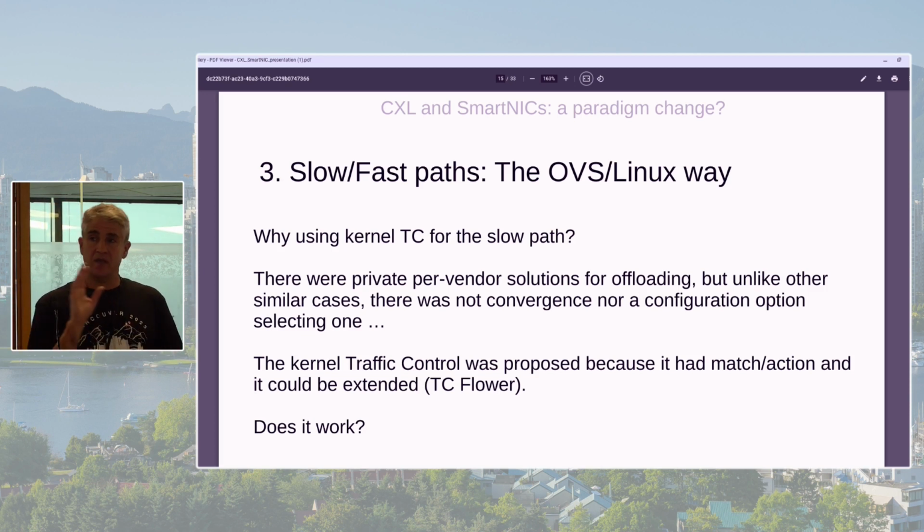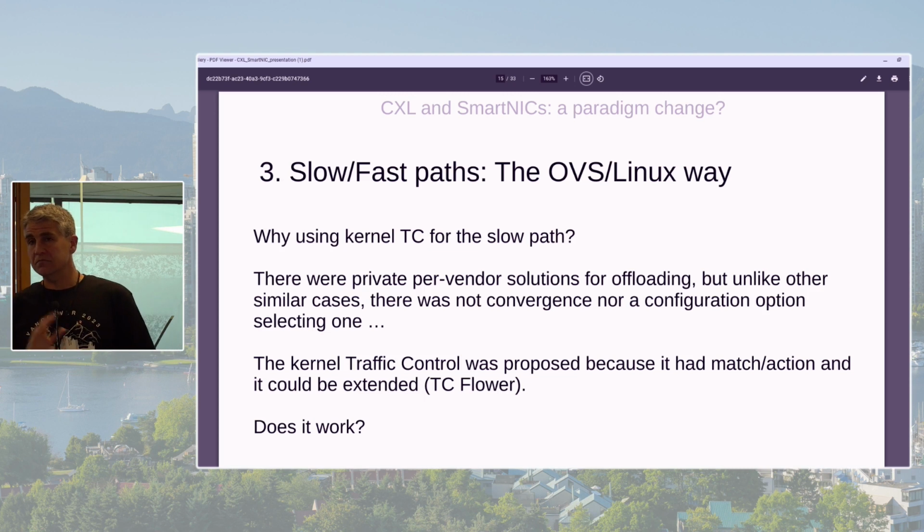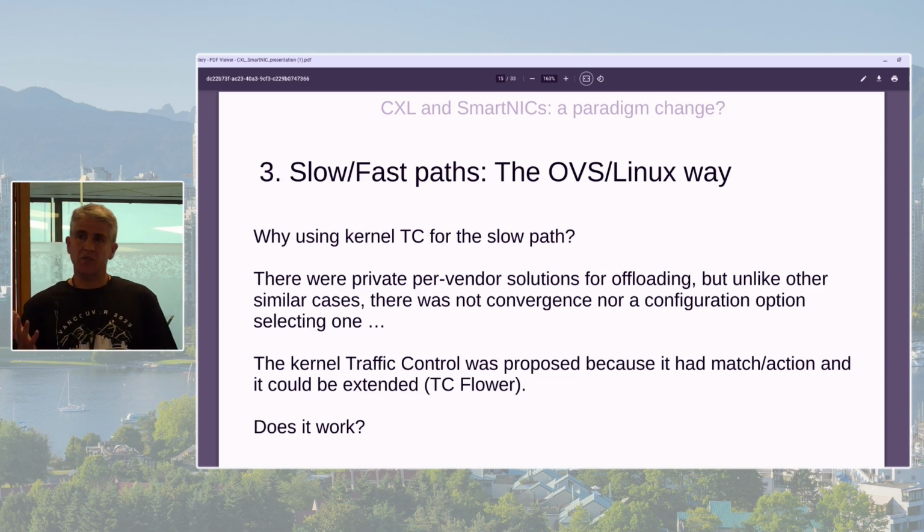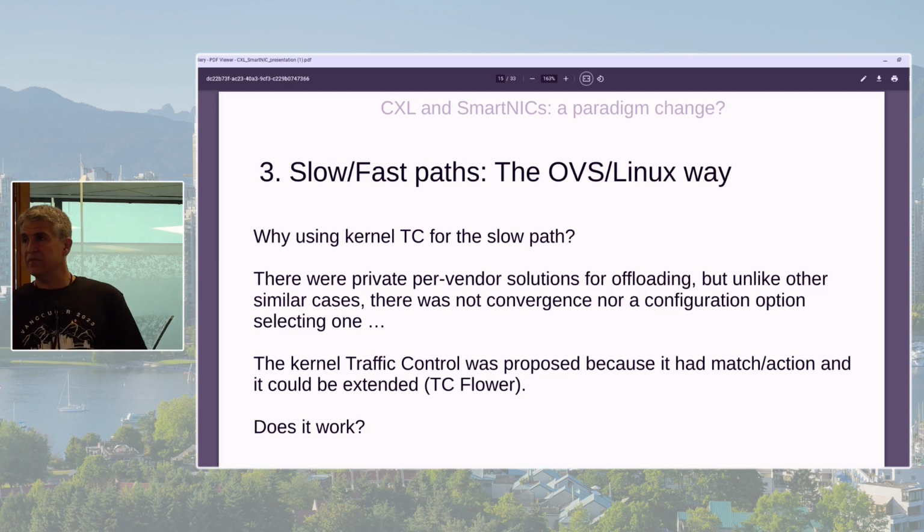Different vendors had their own offload mechanism. There were some discussions in the kernel, but there was not an agreement about how to do it. This is not the first time that happened. In other scenarios, at the end, there's discussion, there's a convergence, and the kernel implements a generic way, and then you can have other specific vendors.